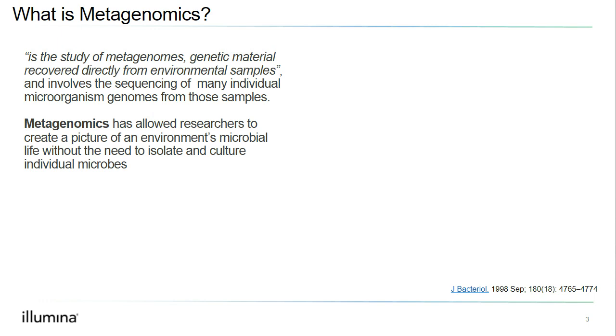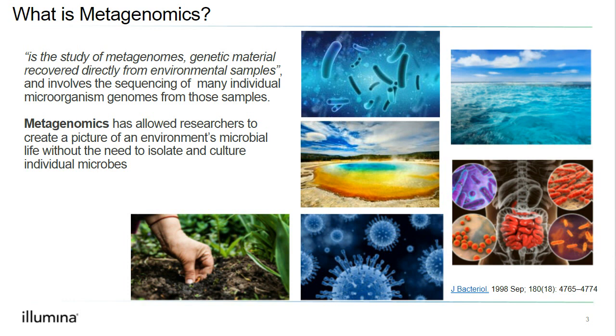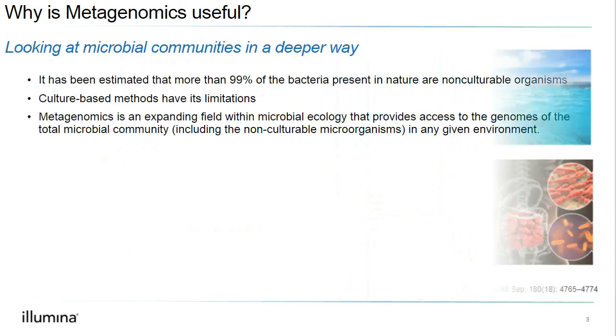Metagenomics has allowed researchers to create a picture of environmental microbial life without the need to isolate and culture individual microbes. And metagenomics has become an essential tool to study the diversity of microbial communities, contributing to many aspects of human, animal, and environmental health.